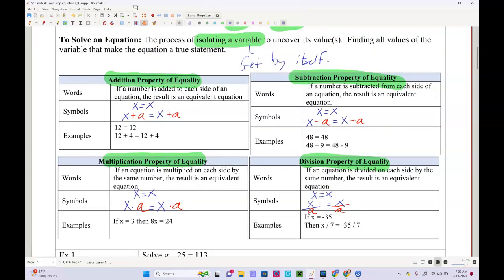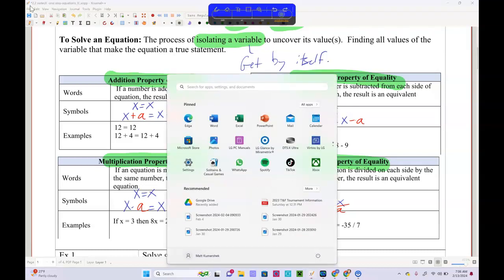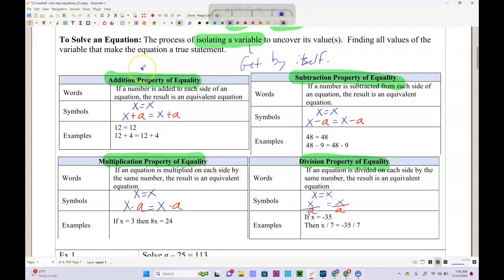They're pretty common sense properties. I'm going to have you fill these in, but I'm going to briefly talk over them for a little bit. For example, the addition property of equality. What does the addition property of equality mean here? It simply says that if I start with, in our notes, x equals x, which is obvious, x is equal to itself, that's reflexive, right?